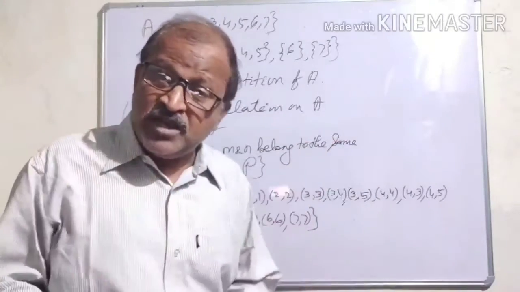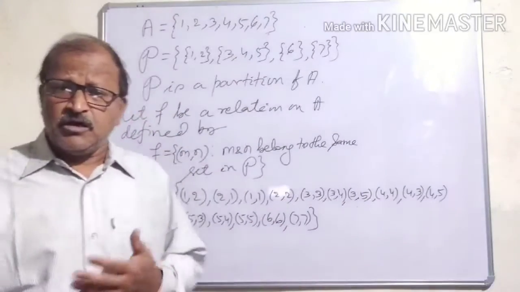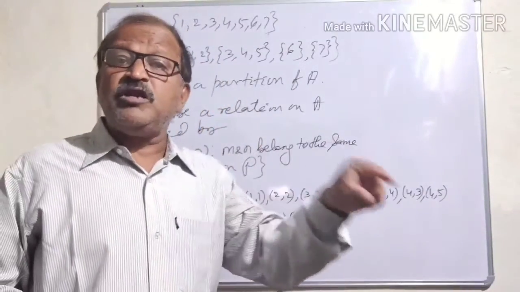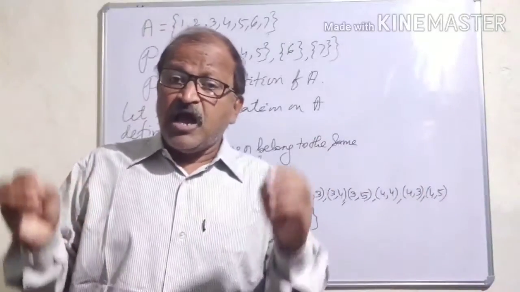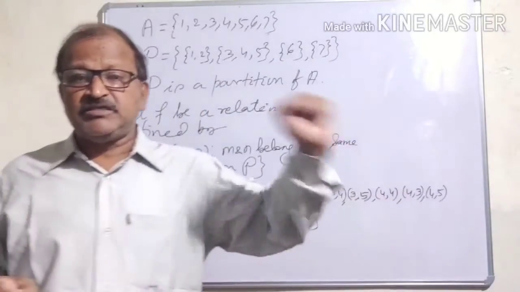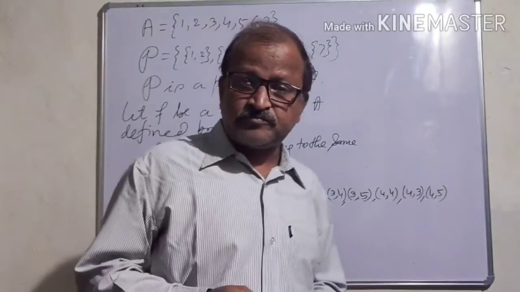If an equivalence relation is known, then we can form the partition. Conversely, if the partition is given, how will we define an equivalence relation on that set? That means how a partition of a set induces an equivalence relation on that set.